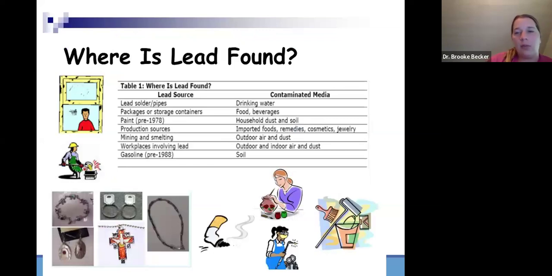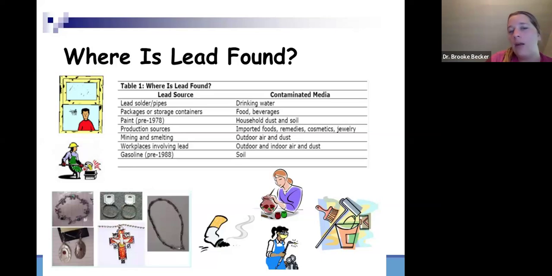Lead is found in multiple places. Sometimes it's in soil, outdoor pollutants, certain foods, candies, beverages, specifically from countries like Mexico or India, like home remedies that some cultures do, that can contain lead.